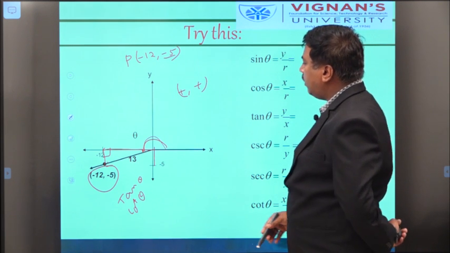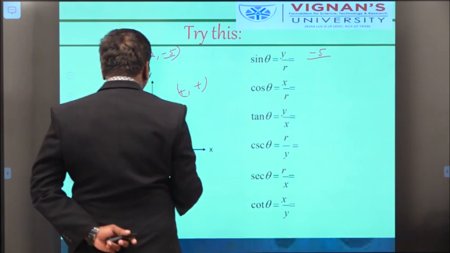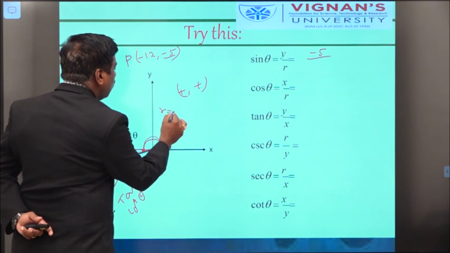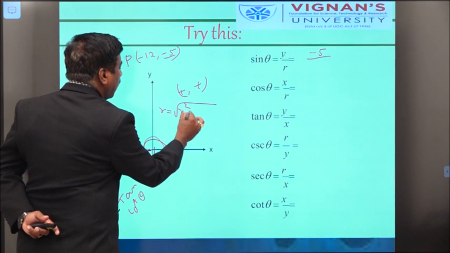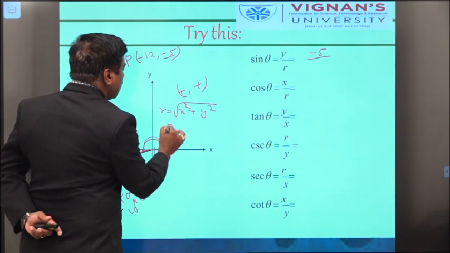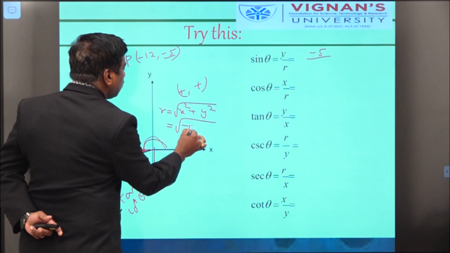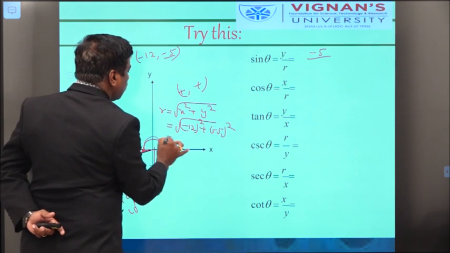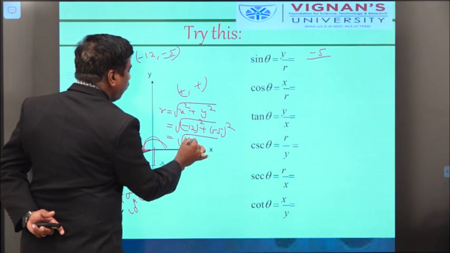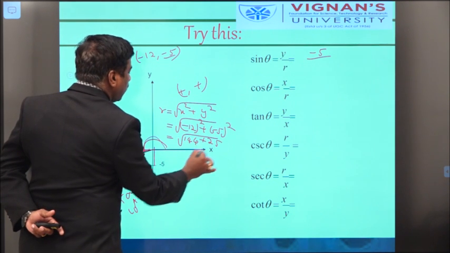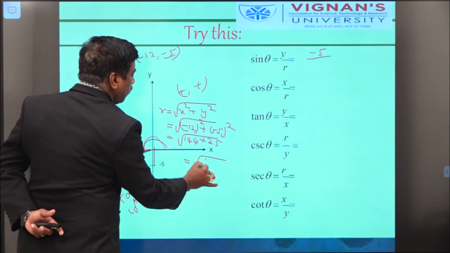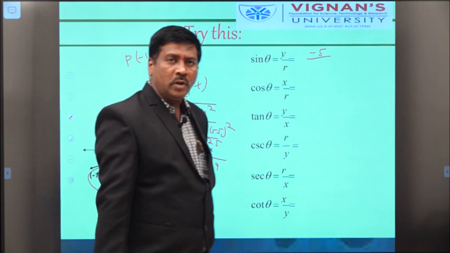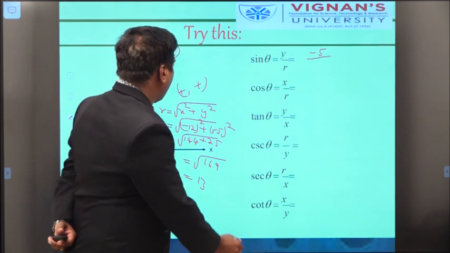For r, the hypotenuse is 13, because r equals the square root of x squared plus y squared, which is the square root of (minus 12) squared plus (minus 5) squared, equals the square root of 144 plus 25, equals the square root of 169, which equals 13. That means the hypotenuse value is 13.